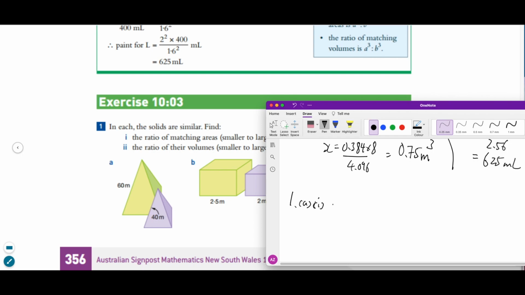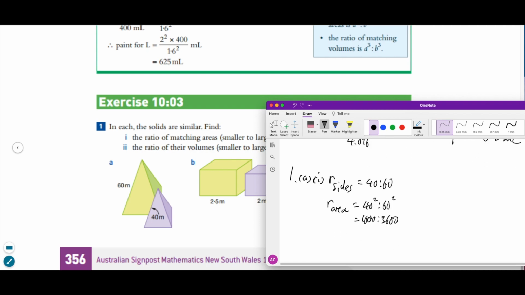So that means the ratio of the sides is 40 to 60, right? So then the ratio of the areas is going to be what? 40 squared to 60 squared, which equals 1600 to 3600. Now, when you get to this step, make sure you simplify this, okay?